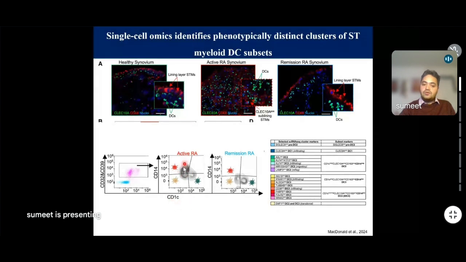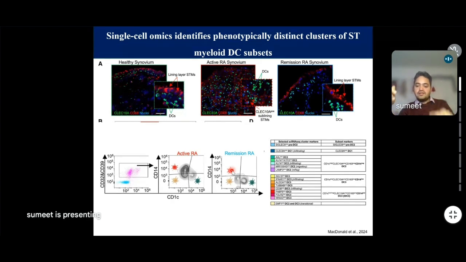These cells are super increased in active RA, but once you give the drug, you decrease these cells in number, and you have more of the cells which are CD1C positive but not positive for CD14.